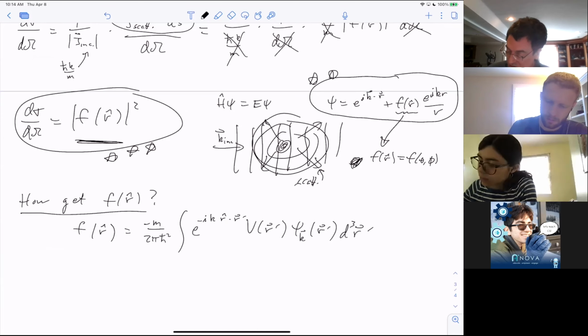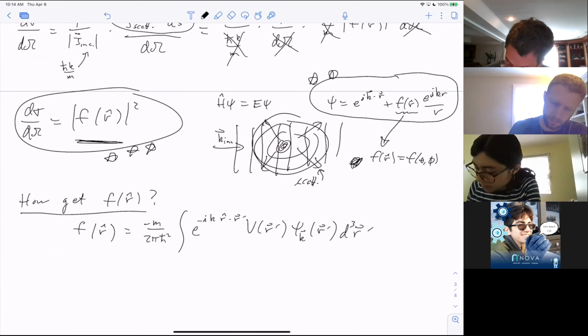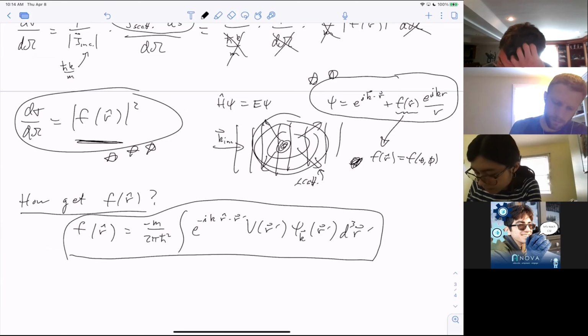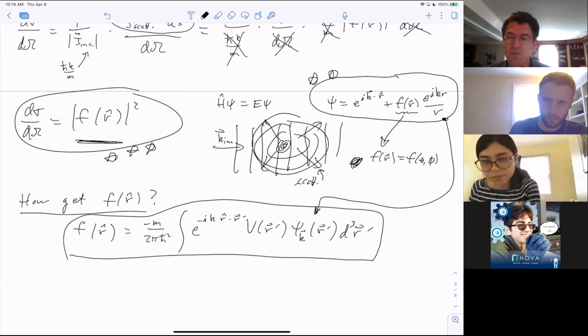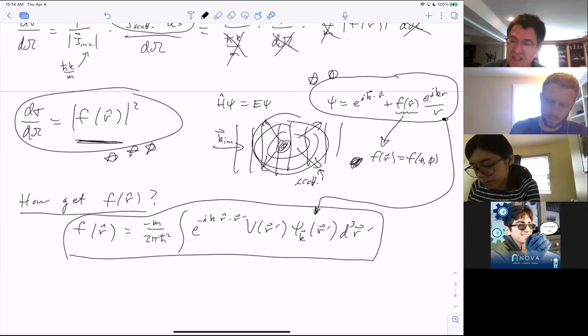Okay, now it turns out that there is one way that we can get this, because now we have a form for psi. And so what we can do is we can take this and we can plug it into there. And then we can try to do that integral. Now, you can see pretty immediately that that's a fairly bogus thing to do, because I see that the scattering amplitude is actually in the psi.